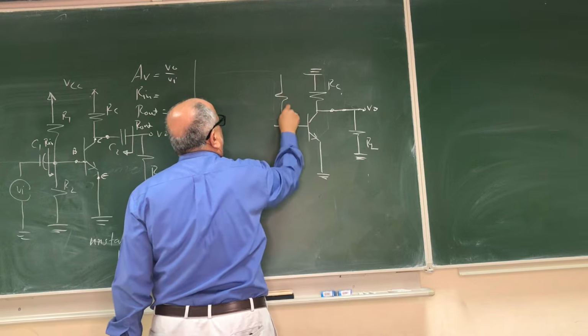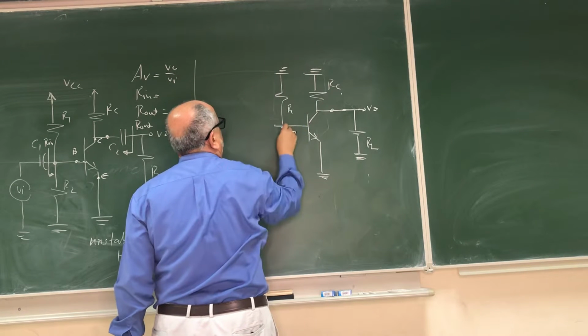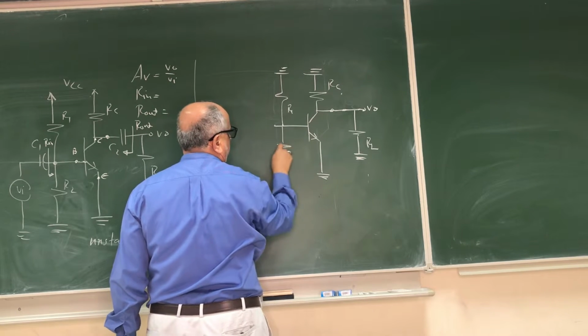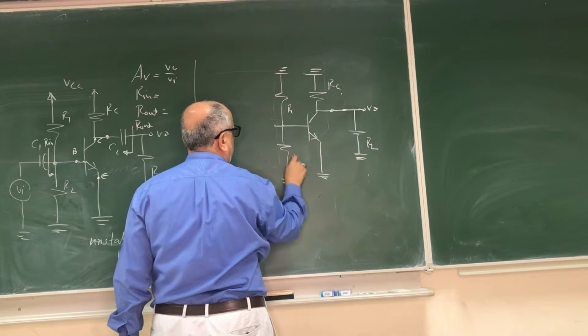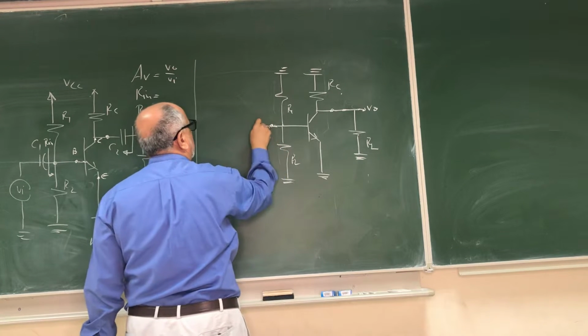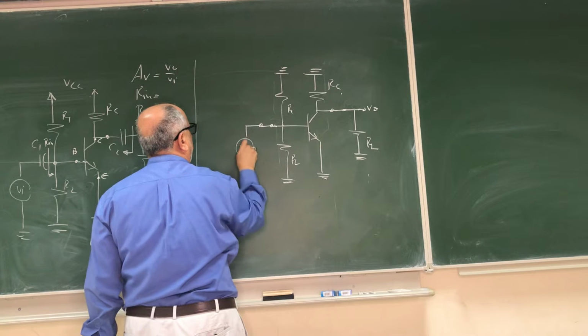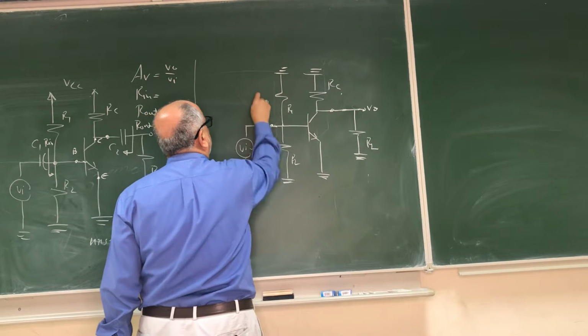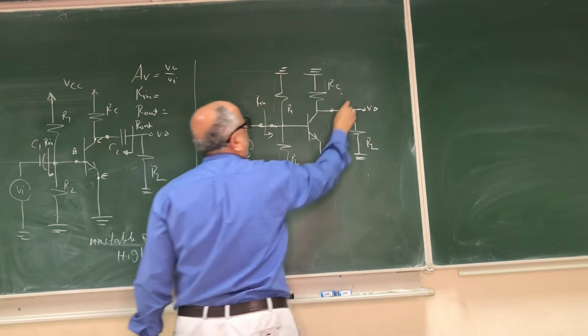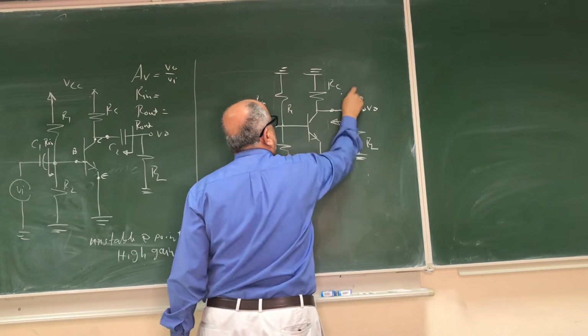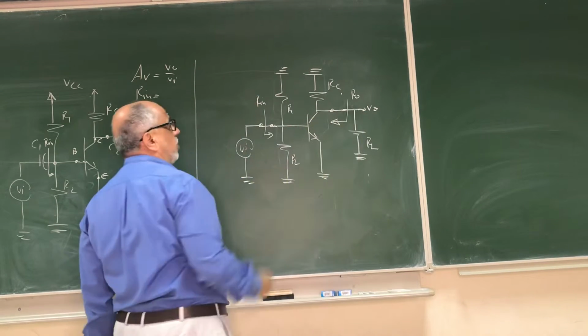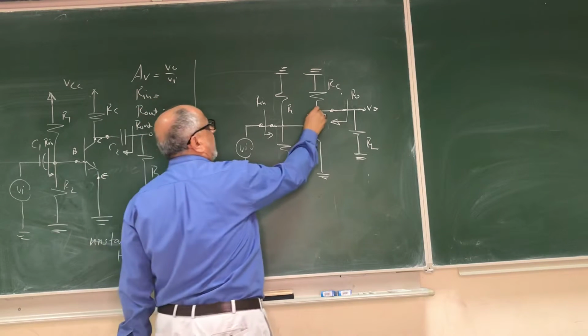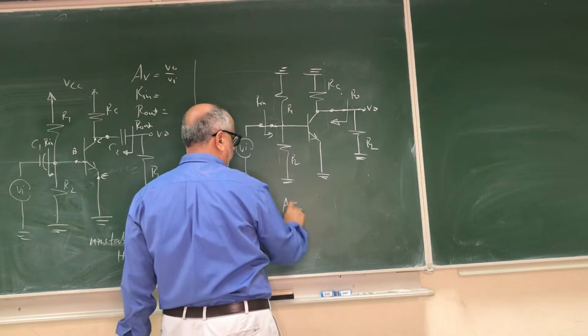Then we have R1 shorted, the source is shorted there, R2, then the coupling capacitor is shorted out, and this is the input Vin. So the input resistance would be Rin from here, the output resistance R out, and the gain will be V out over Vi. So this we call it AC circuit.